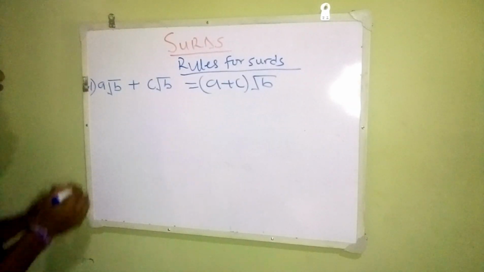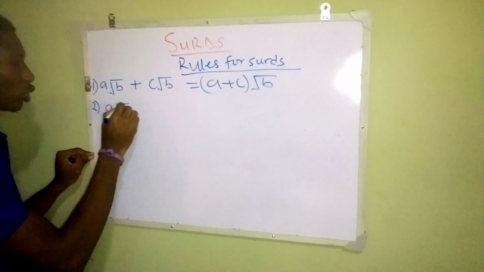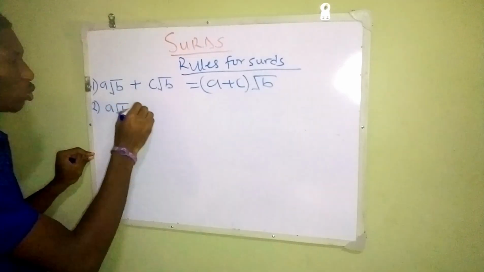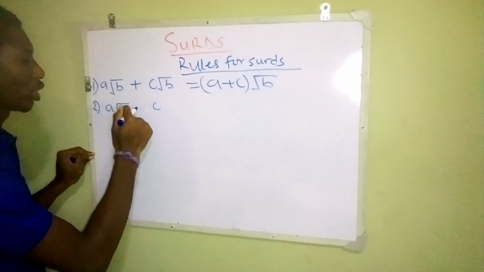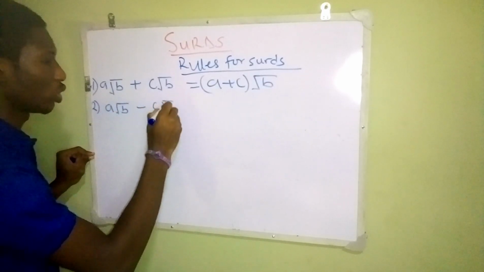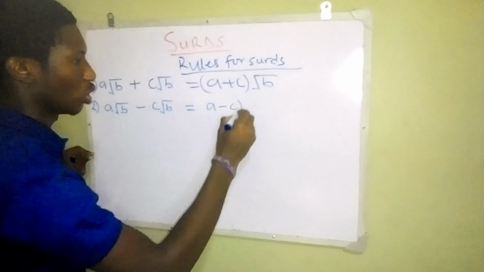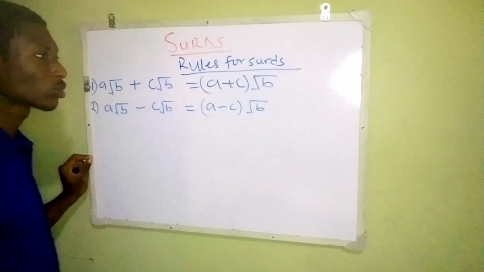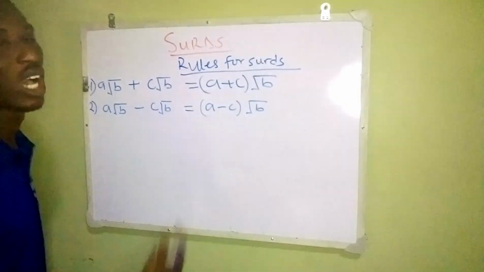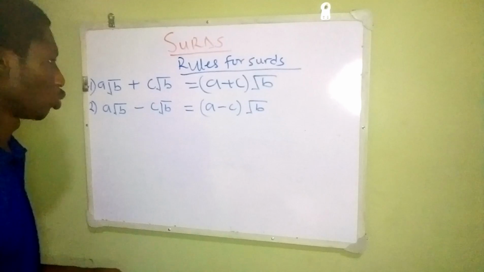The second rule states that if I have this expression A square root of B minus C square root of B, it is equal to A minus C square root of B. This is referred to as your addition rule, and this is your subtraction rule.